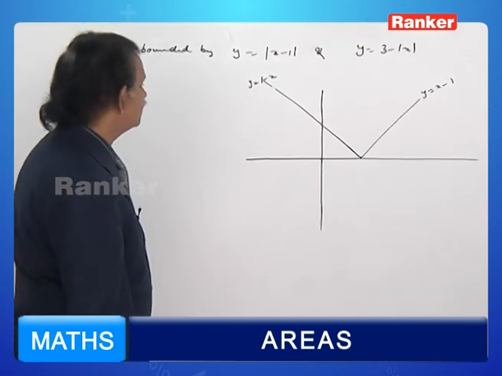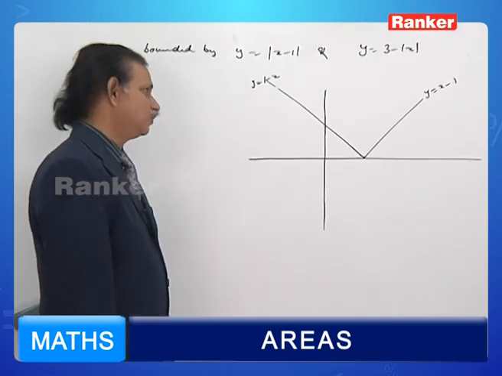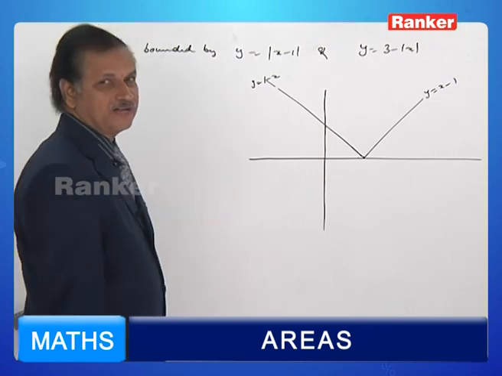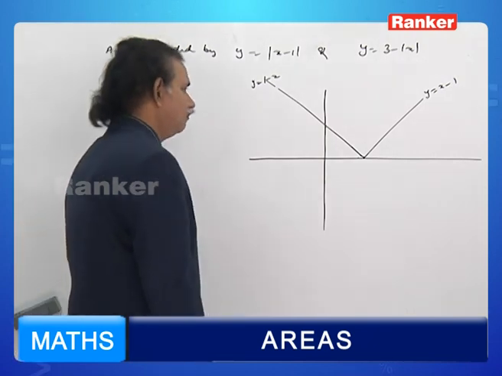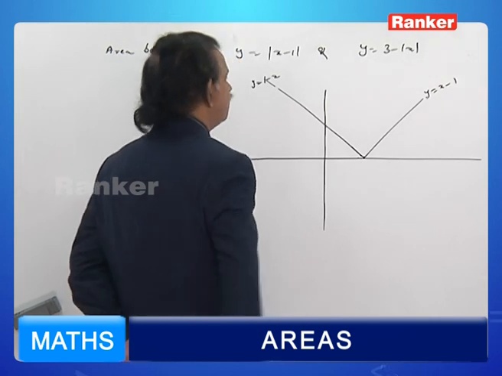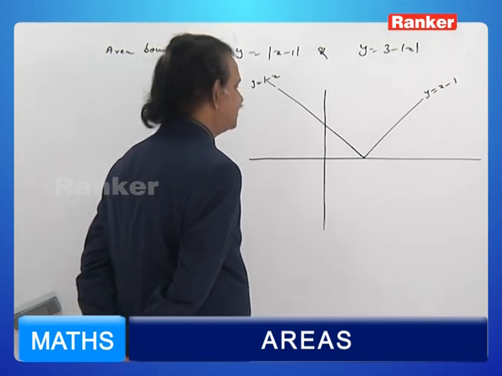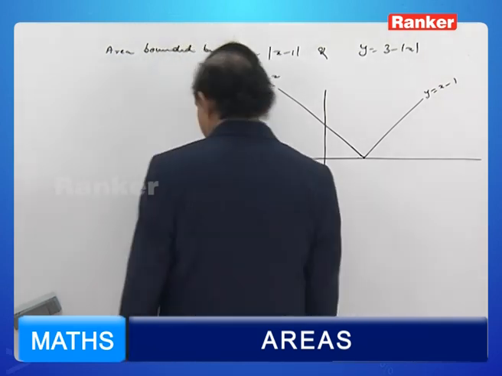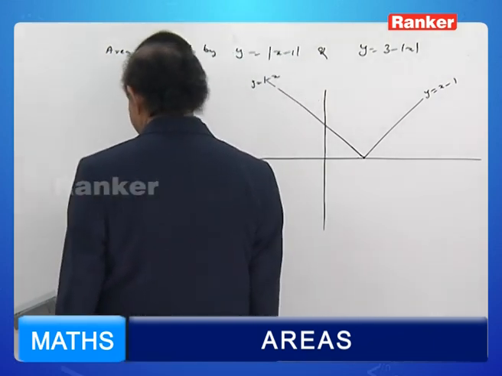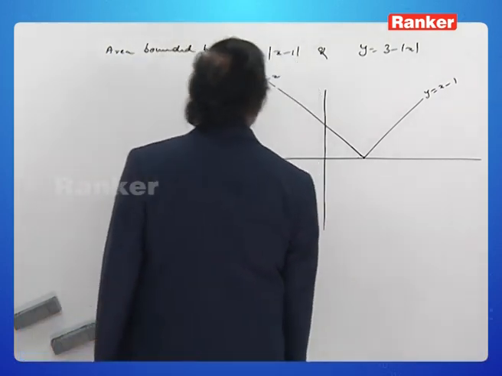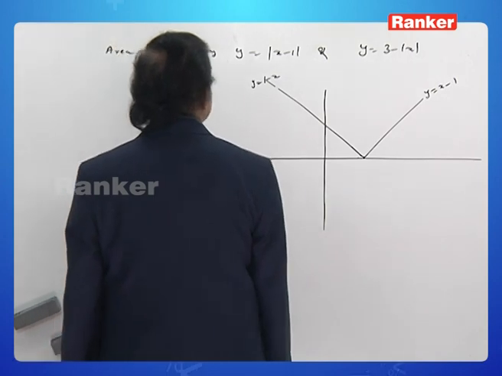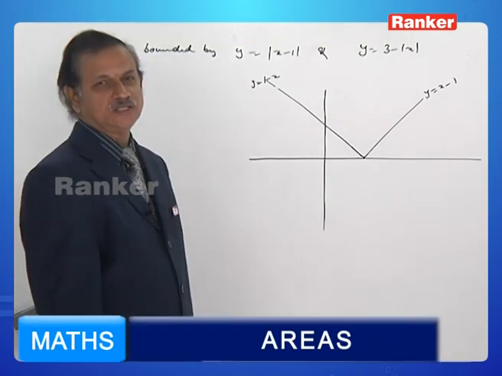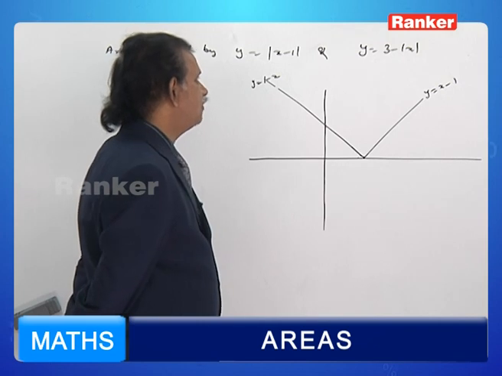Well done. y is equal to 3 minus mod x. What do you mean by that? If x is positive, one line is 3 minus x, another line is 3 plus x. One line is y is equal to 3 minus x, another line is y is equal to 3 plus x. Where do they meet actually? How to write y is equal to 3 minus mod x?